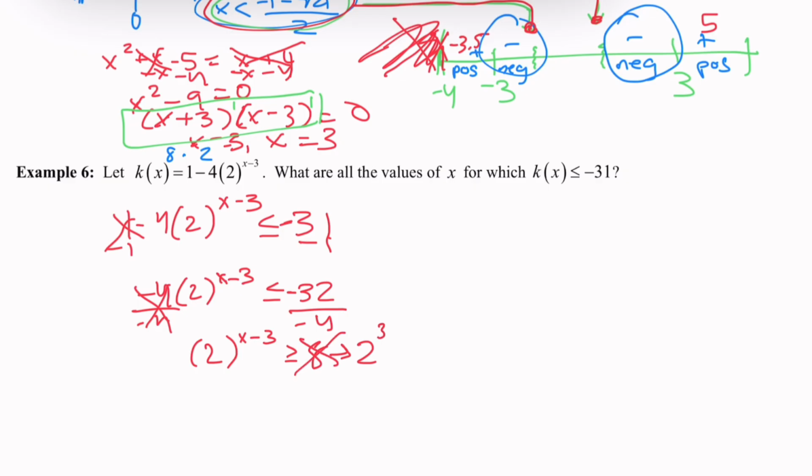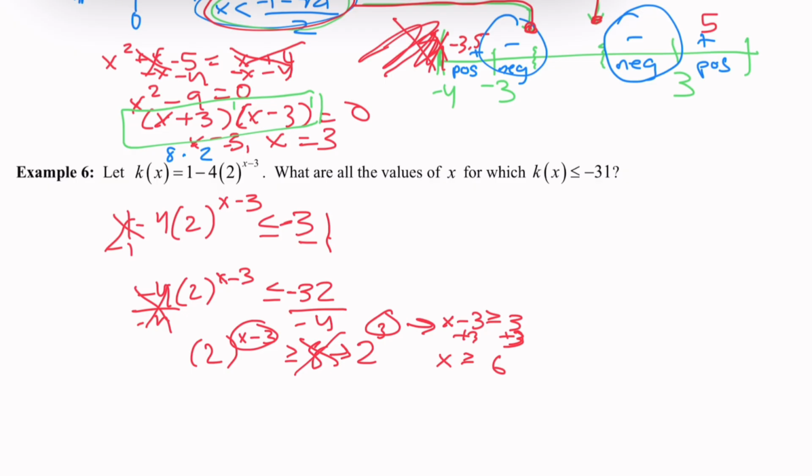So now I can just do these two. So x minus 3 is greater than or equal to 3 plus 3 plus 3. So x should be greater than or equal to 6. So I think that's already the answer. I don't think you need to check in a number.